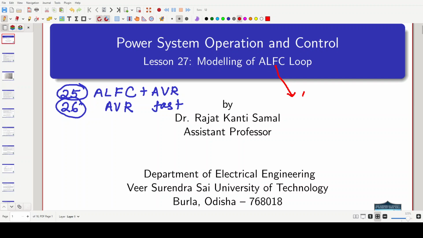ALFC. Okay, what is ALFC? Automatic load frequency control.